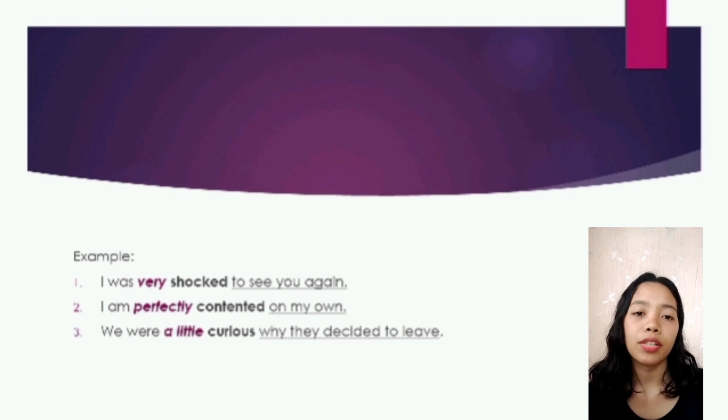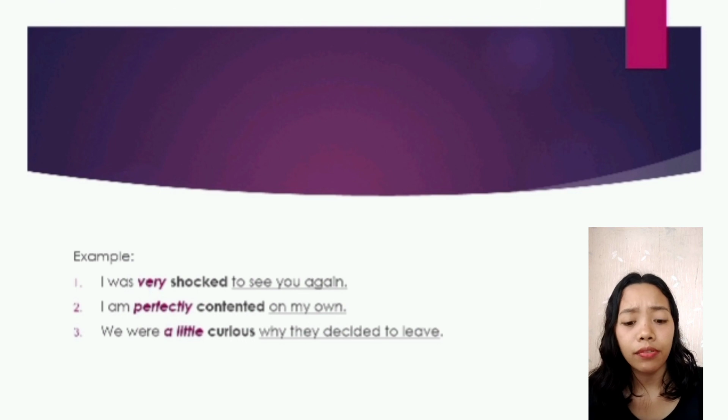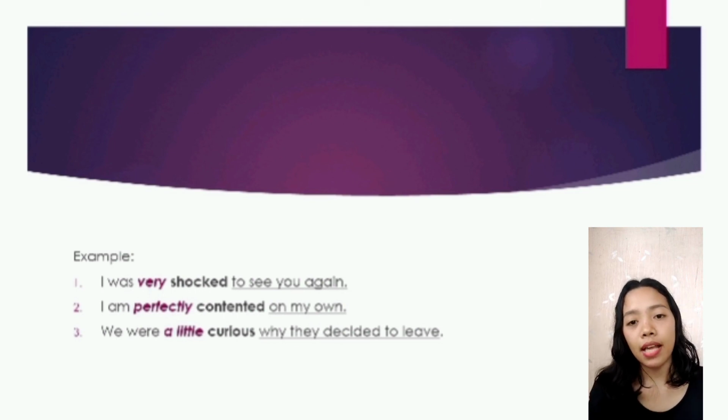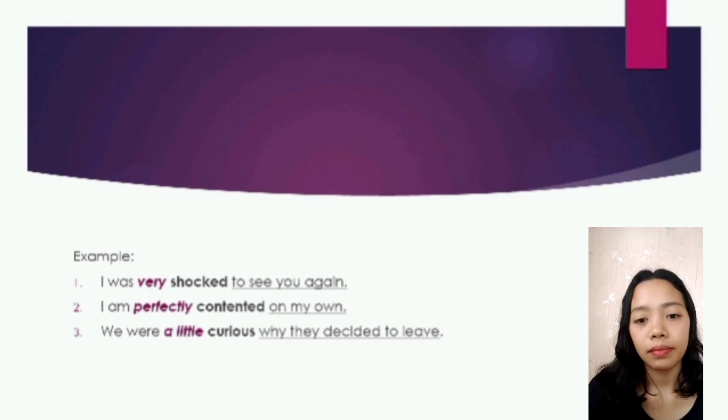So example number 3. We were a little curious why they decided to leave. So a little is an adverbial phrase that modifies the adjective curious, while the words why they decided to leave is a noun clause that complements it. So that is an adverb versus adjective complement.